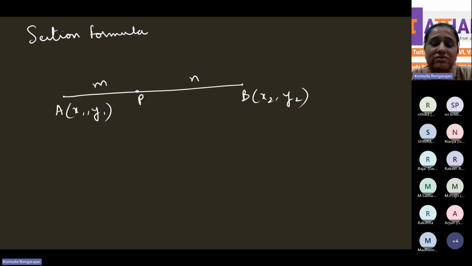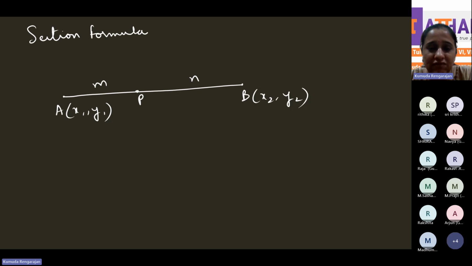Now the direct application of the section formula is to find the coordinates of the point of division. Here P is called the point of division, because P divides the line segment AB into 2 parts, AP and PB.